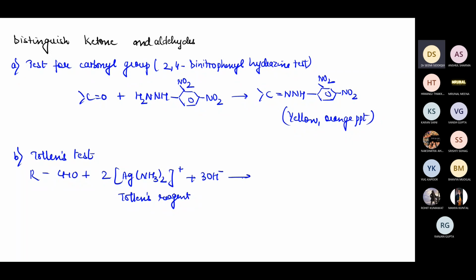When you react it, it is going to give you a silver mirror, or you can say ammoniacal silver nitrate, plus Ag plus H2O, and this gives you a silver mirror on the boundaries of the test tube.